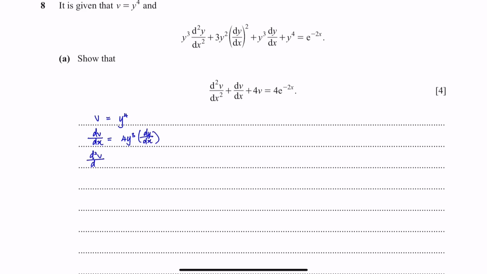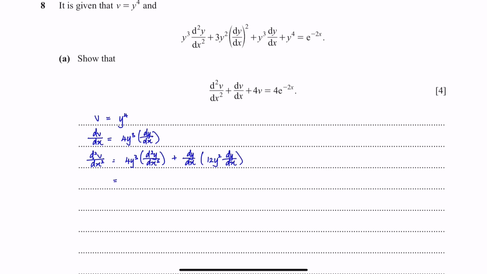And the second derivative is we treat these two as two variables. So we have 4y cubed. The differentiation of dy/dx is d2y/dx squared. And the differentiation of 4y cubed is 12y squared dy/dx.